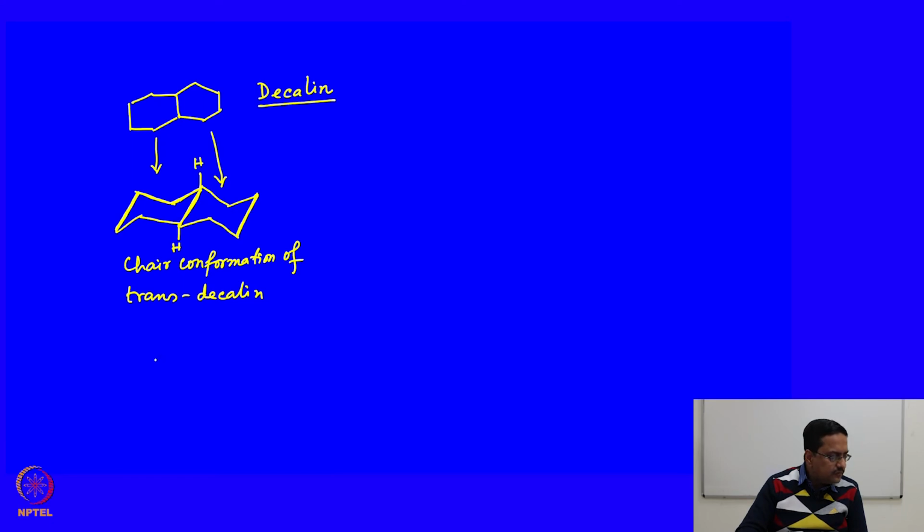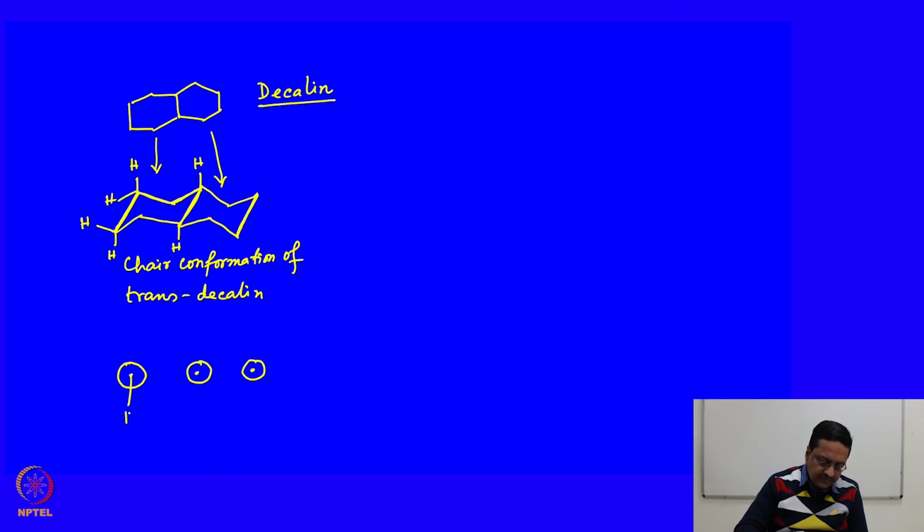So, when you draw the Newman projection, we draw 3 C-C bonds which we have marked. On the front carbon here you have a hydrogen down, one hydrogen on the left hand side, and it is connected to the next carbon there, which has one hydrogen here and one hydrogen there.